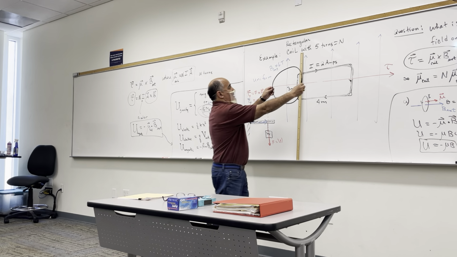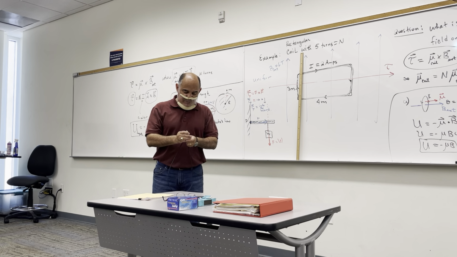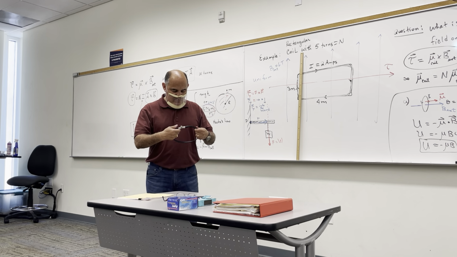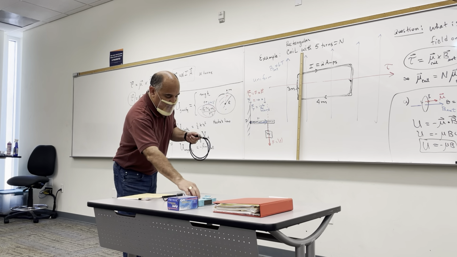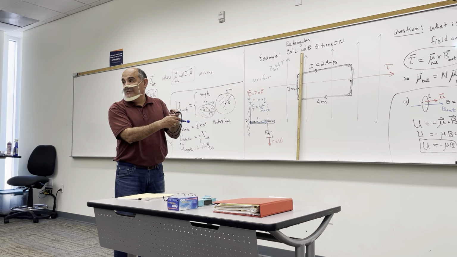And the way it is right now, the magnetic dipole moment, maybe I'll just do this because this is too big. Okay? So it has a magnetic dipole moment or area vector pointing that way, right?